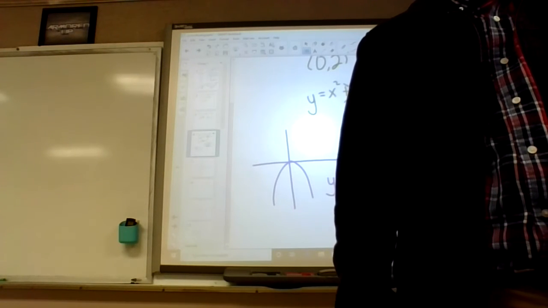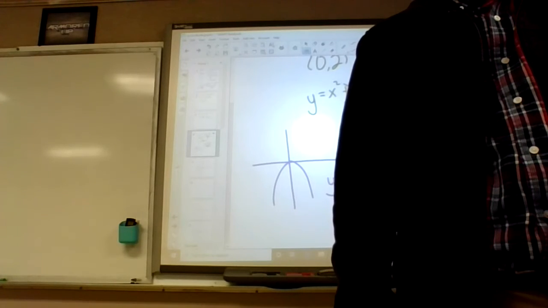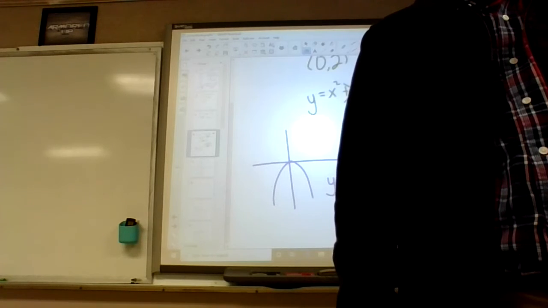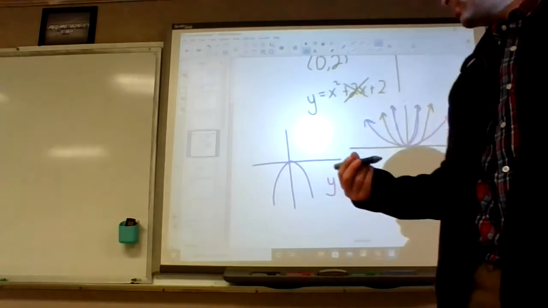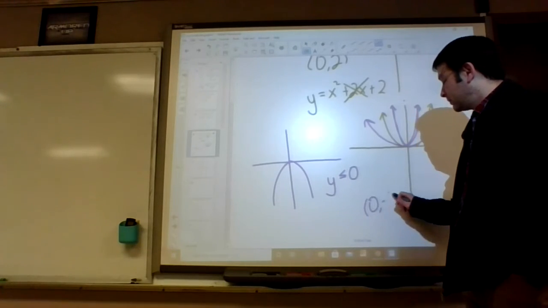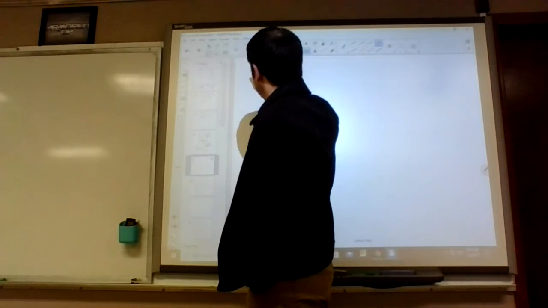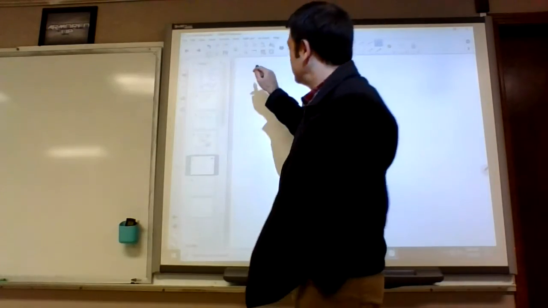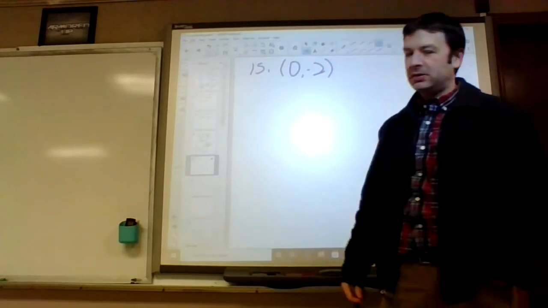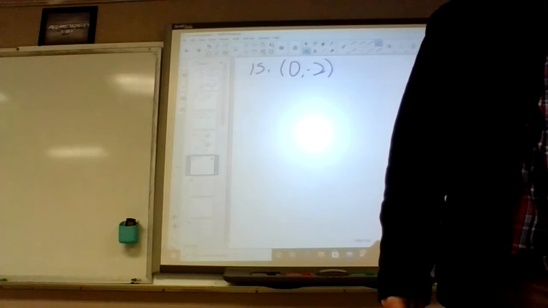Okay, 15. Where is the vertex going to be? Down 2. So we'll put 0, -2 for the vertex. I'll write this on a different page. What's the range going to be?